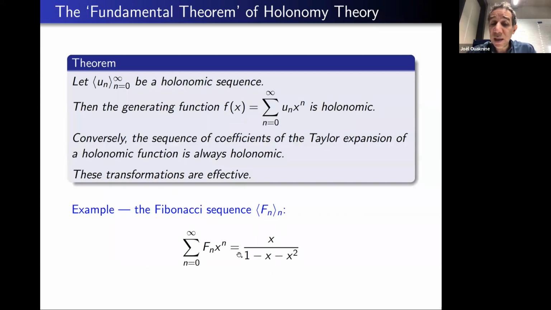And you can see this is, of course, a holonomic function. It obeys a first order differential equation. It's a one-line derivation. It's very simple. It's interesting because the Fibonacci sequence obeys a second order recurrence relation, but the function here obeys a first order differential equation. So the order is not sort of preserved, these things move around a little bit, but okay.